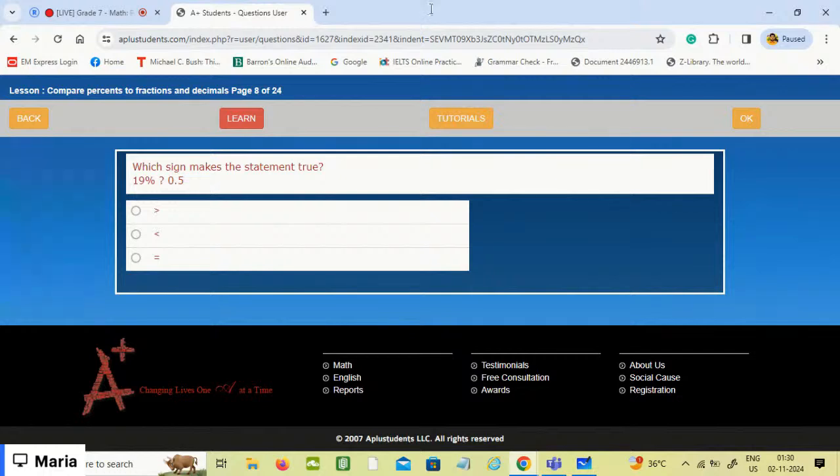When you convert 0.5 into percentage form, that would be 50%. So 19% is less than 50%. Option number two is the correct option.